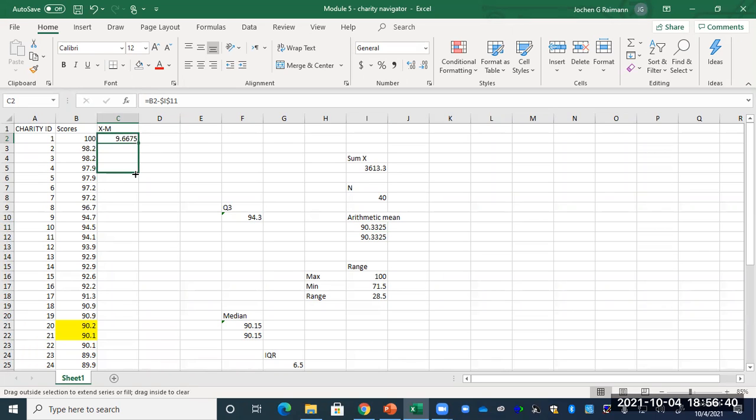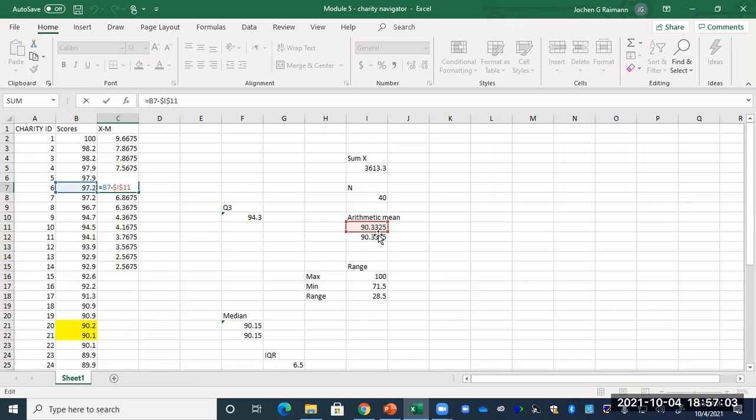How do you know when you have to put the dollar sign and when you don't? Well, it's on a use case basis, right? If you want to subtract something that will not change no matter what you do, because what I want to do now is make my life very easy and not type this formula over and over again. I want to just drag and pull it down, and this will always refer to the same mean. That's when you lock it in. Otherwise you don't.